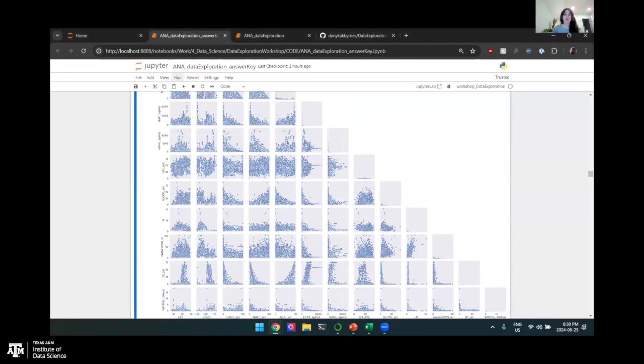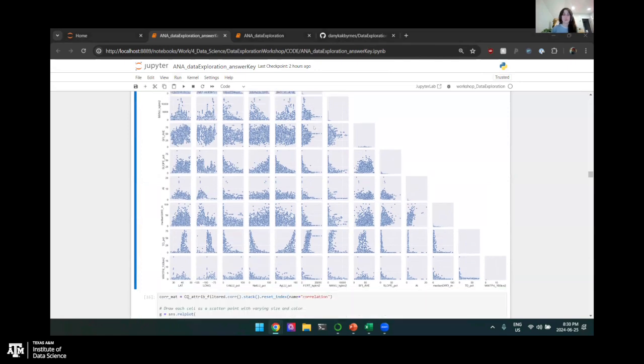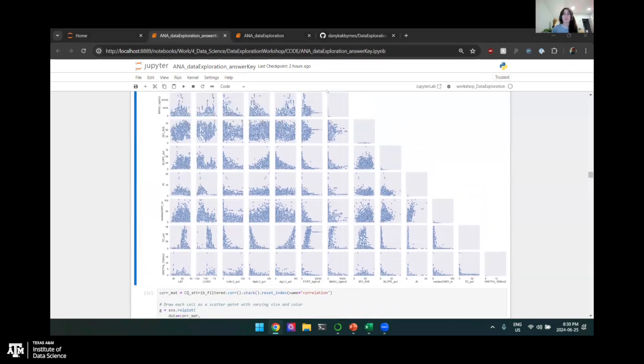Right, so I'm not sure if you can see my cursor. But okay, we see that agricultural land use and tile drainage are correlated, but not strongly.